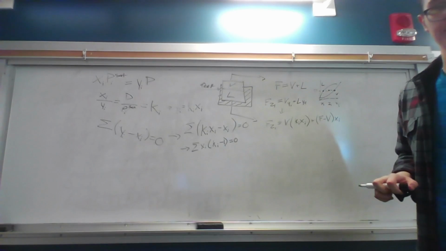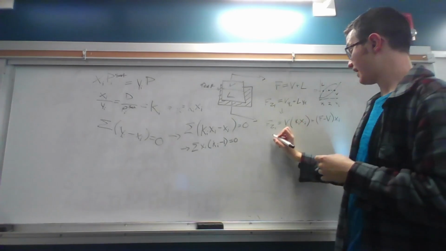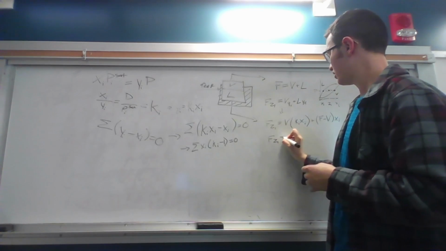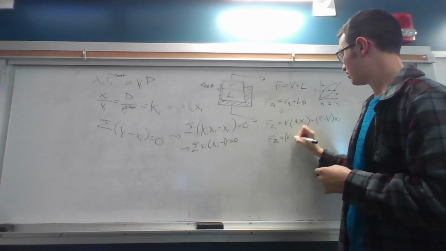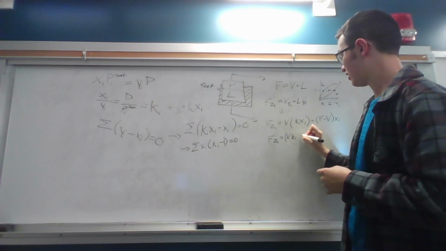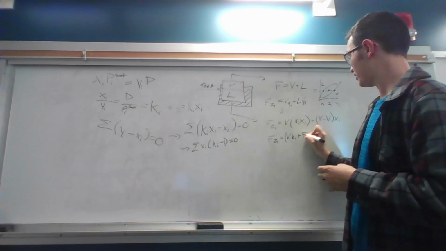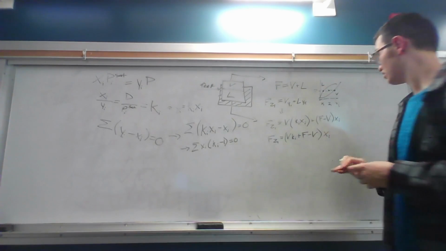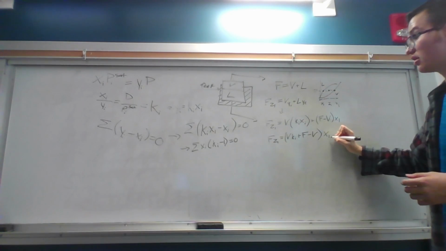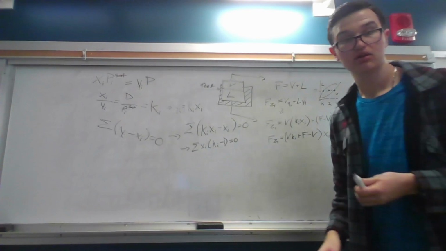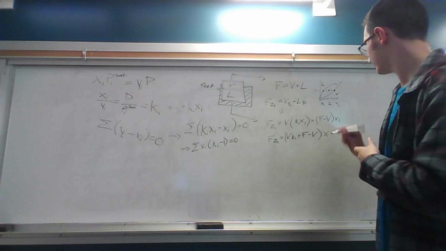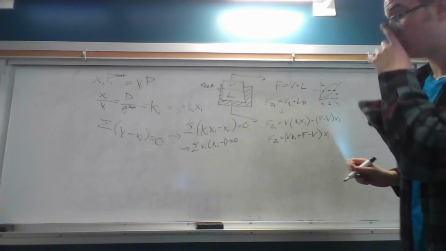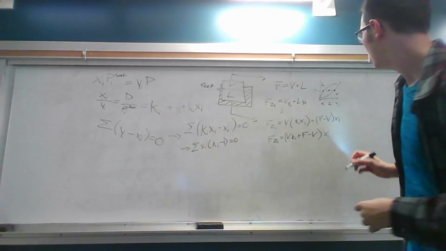So we have that. Now what? Well, if we factor this out, F times Z1 is equal to V times Ki plus F minus V, or this will be x1 actually. These are all i's, just for components, because we're going to be substituting in here.